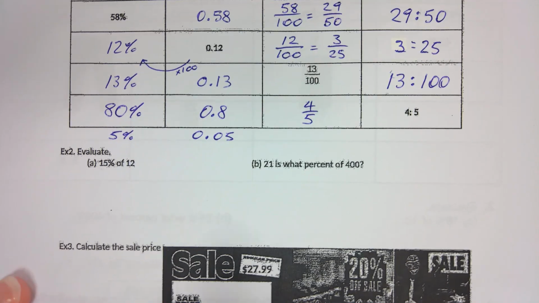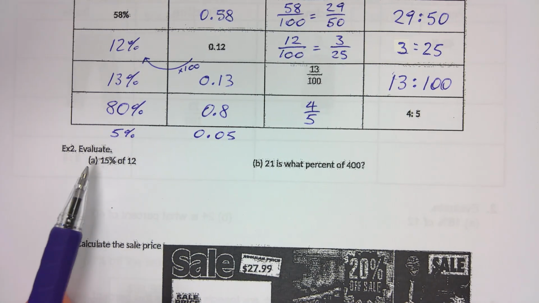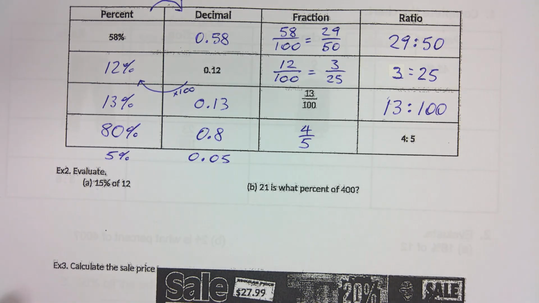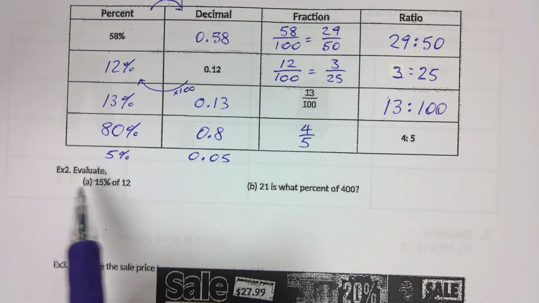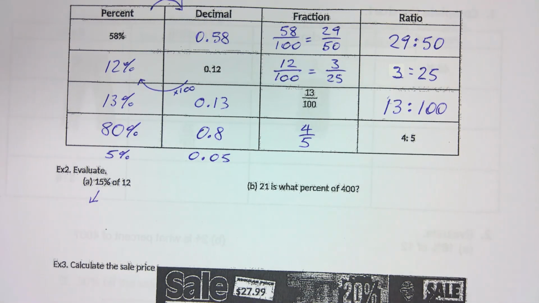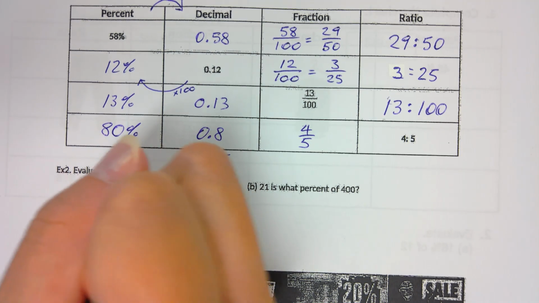Okay. Next, evaluate 15% of 12. Whenever you see a percentage in a question or word problem, you always have to convert the percent to a decimal. So what is 15% as a decimal? 0.15.